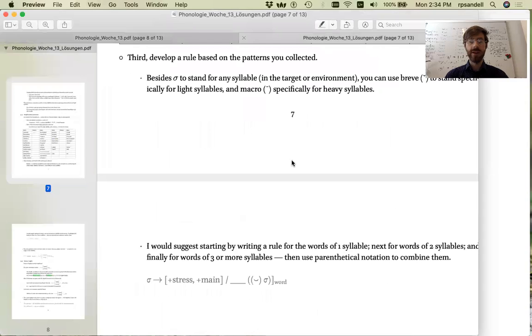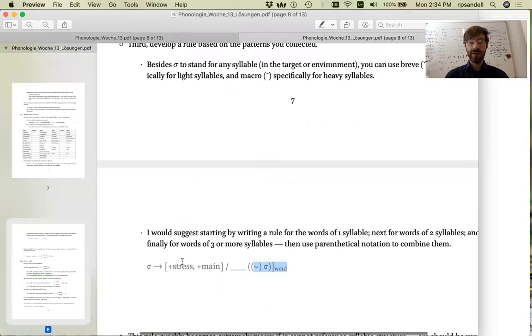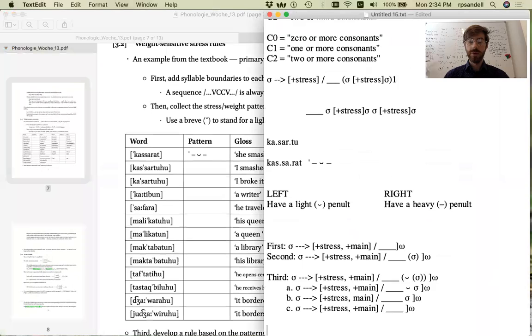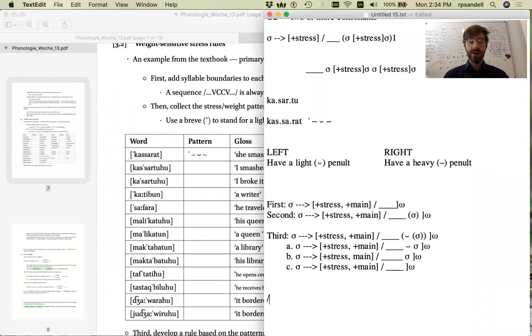You can see exactly what the rule looks like here again too, in case the way I wrote it out here wasn't clear to read. And we can contrast stress assignment in the words kasartuhu versus kasartu.